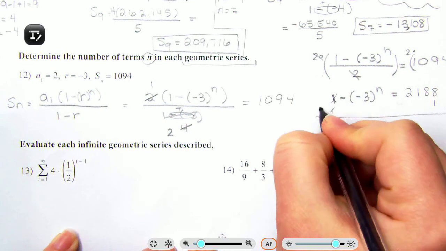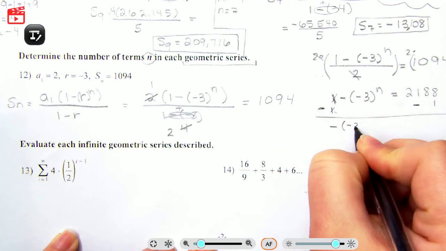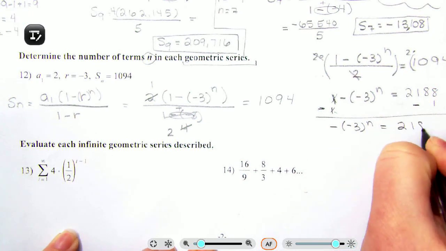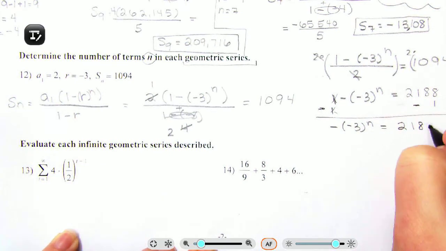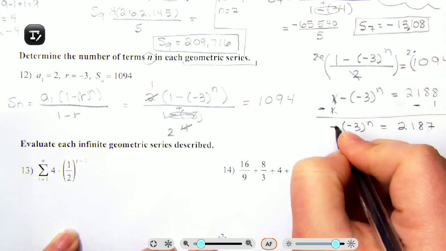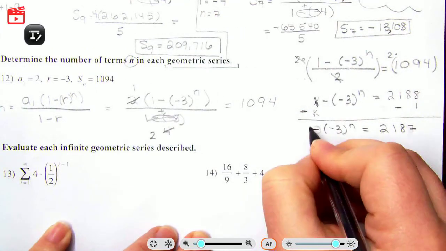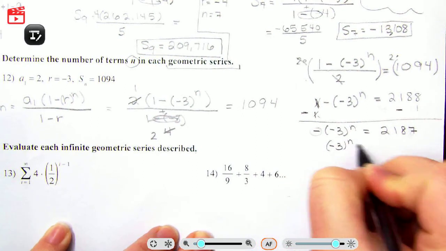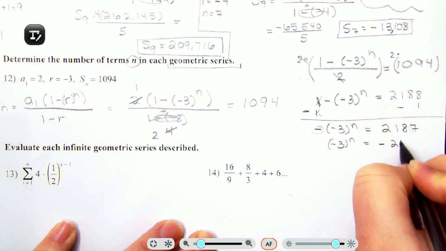This one is positive, so I am subtracting 1. So I have negative 3 to the n is equal to 2187. Do you see how there's a negative out in front? So I'm going to get rid of that negative by multiplying everything by negative 1. So what I have is negative 3 to the n is equal to negative 2187.